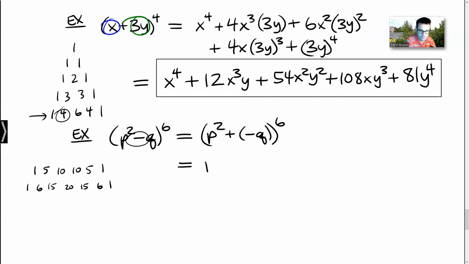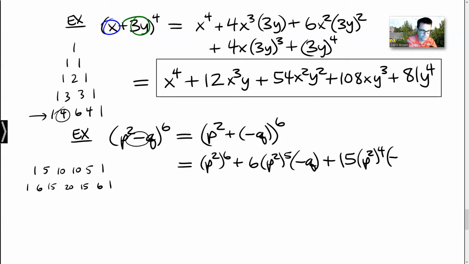So this is going to be (p squared) to the 6th plus 6 (p squared) to the 5th (minus q) to the 1st plus 15 (p squared) to the 4th (minus q) squared. And now you see that the reason we get the plus minus pattern is that term with the minus sign, when you alternate even and odd powers, it changes from plus minus to minus plus. So the minus q squared is positive, but the minus q cubed then is going to be negative again.